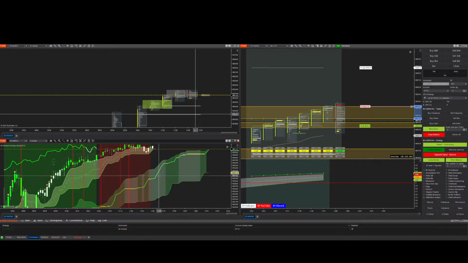And you liken that cloud to a fish. The quality line is used to determine where the head of the fish is at and where the tail of the fish is at. When that quality line crosses this way over the Senkou Span A, typically that's a bearish move. It's not always a complete reversal, but it's typically a pullback in the move.